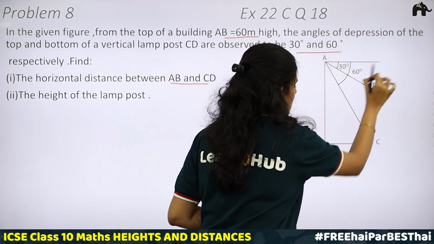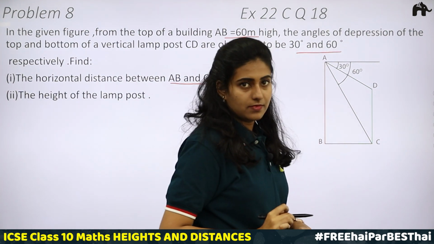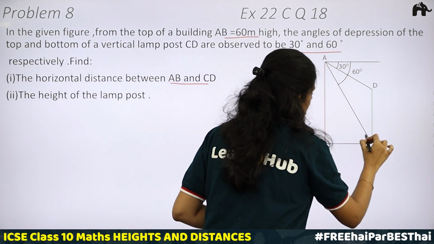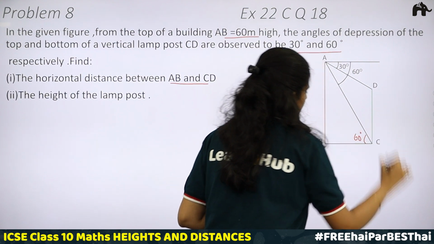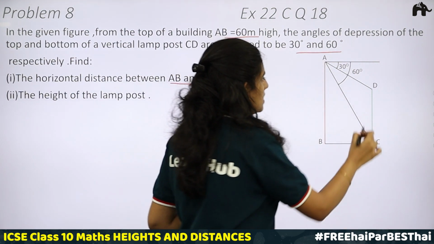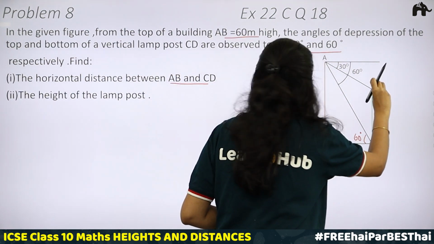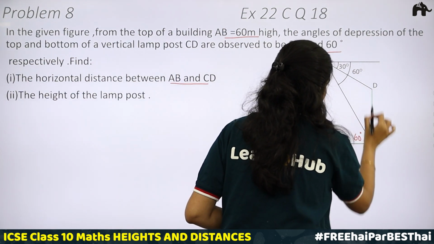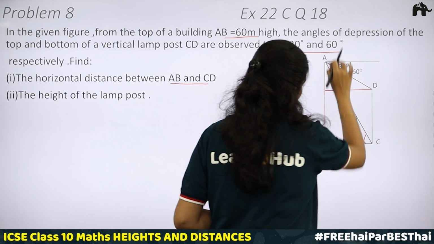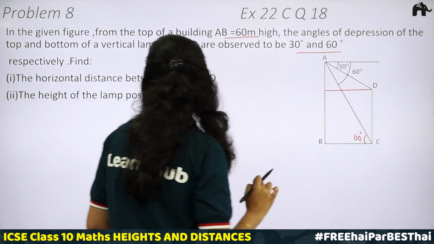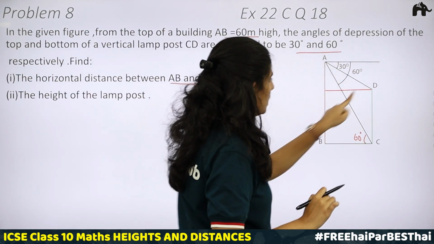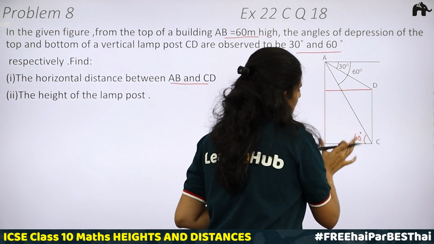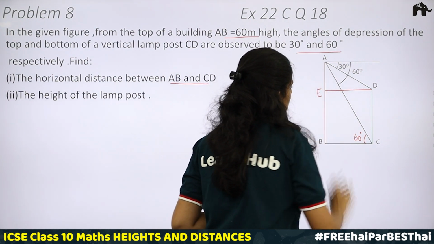When you consider this line and BC, we are having 60 degree as this angle. From this point D, that is the top of the lamp post, we are drawing a line parallel to BC to AB, which is the building. I am marking a point E here.